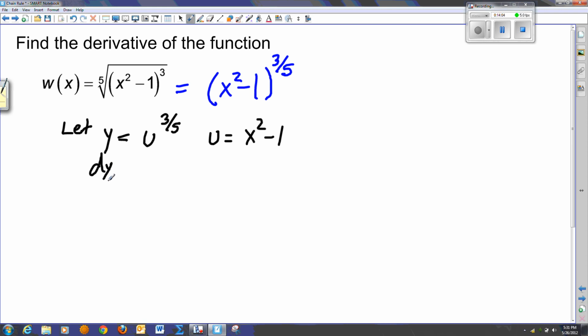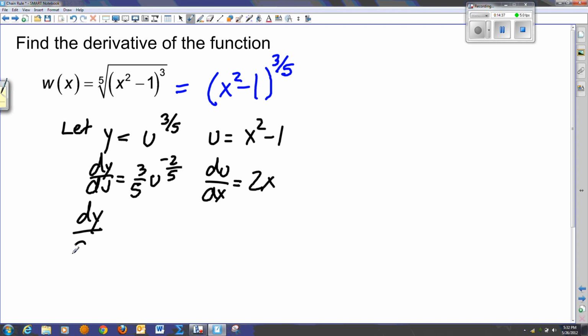Change in y over the change in u, n minus 1 rule, 3/5 u. When I subtract 1 from 3/5, I get -2/5. And the change in u over the change in x is simply 2x. Multiplying dy/du times du/dx gets us dy/dx.